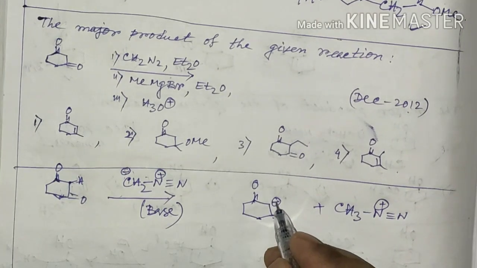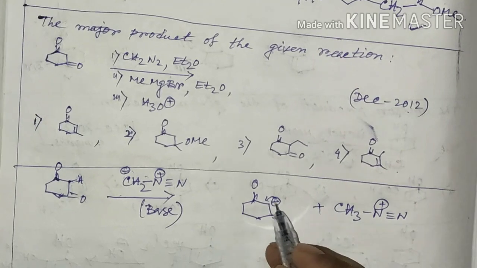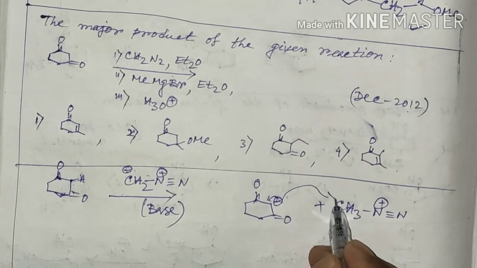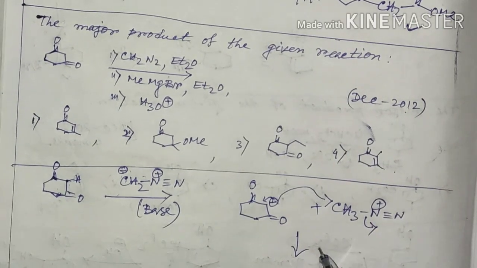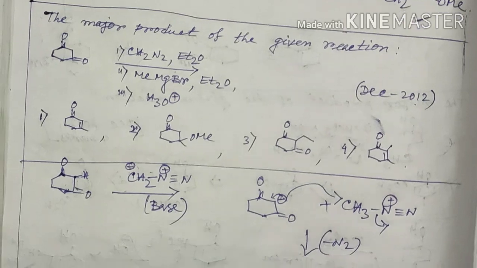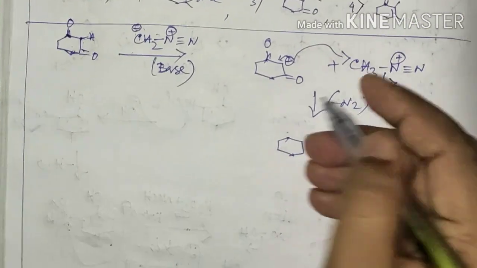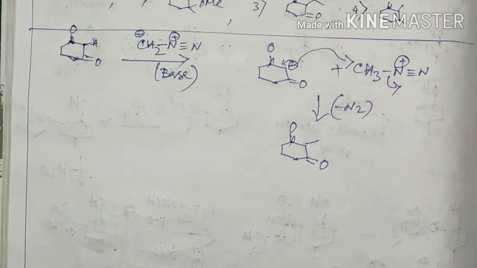Now this anion will be resonance stabilized with the 2 carbonyl groups, and now this anion can attack this methyl group and will eliminate this nitrogen to form the corresponding alpha methylated species.